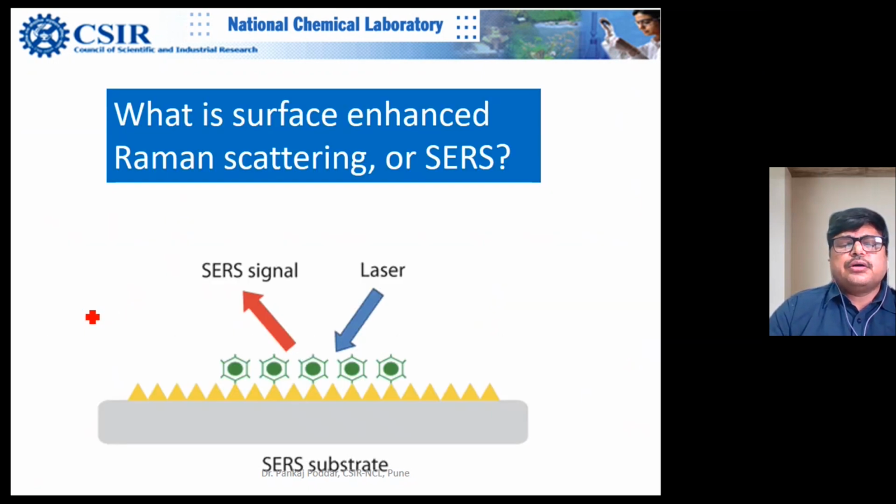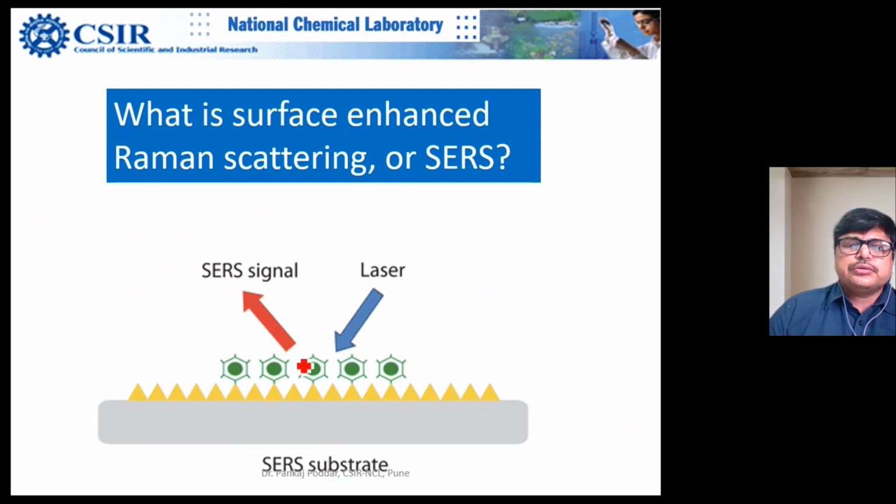Now I come to the next topic, which is surface enhanced Raman scattering. Here, what we do actually, we take rough metallic surfaces with nanometric roughness, and when we excite with a laser, surface plasmons are excited in these nanometric rough surfaces.